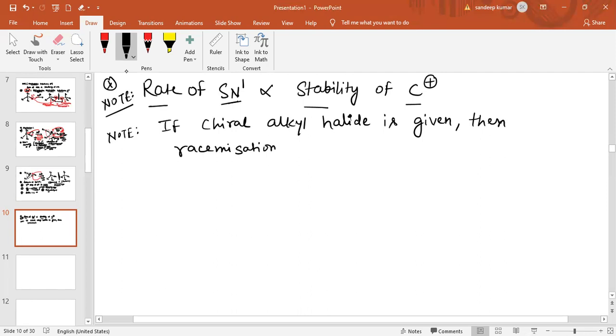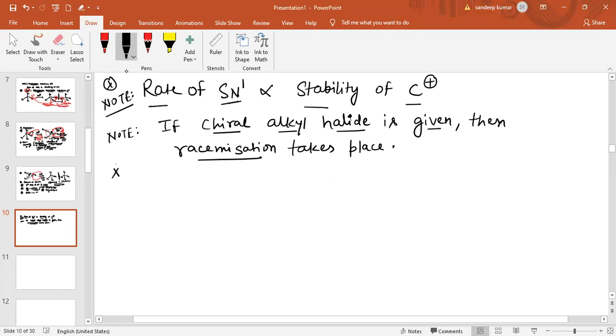So we can say if a chiral alkyl halide is given, then there is always racemization.